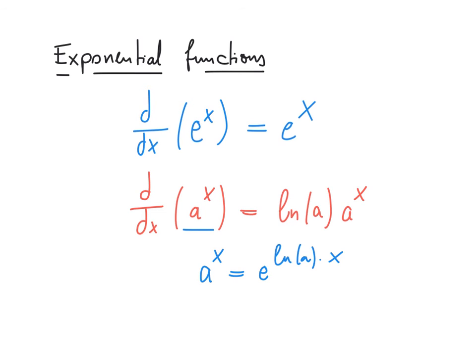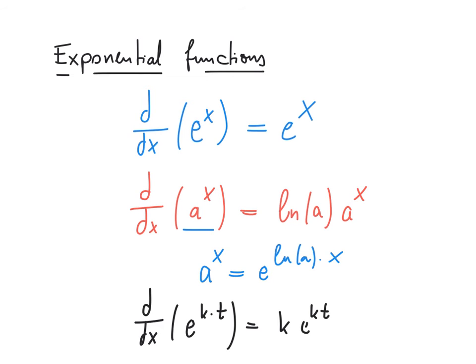And finally, what we see here, right, a to the x, is that we get an ln a in front because we rewrite it as e to the ln of a times x. This also tells us that the derivative of a function of the form e to the k times t will be simply k times e to the kt, right?